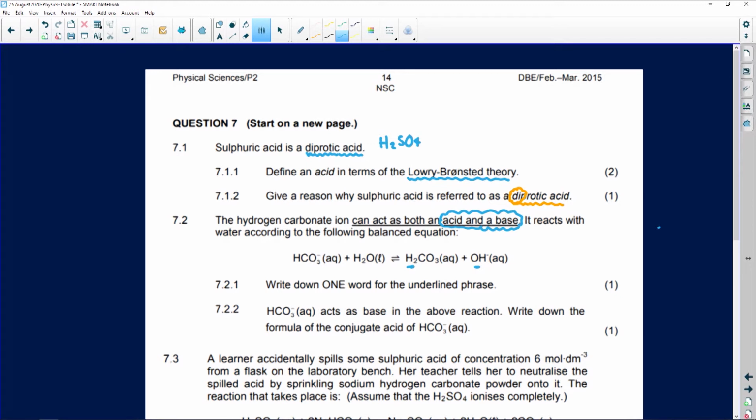Let's look at 7.2.1. We must write down one word for the underlined phrase that can act as an acid and a base. This is how I always tell my kids to remember something like this. Remember when you were young and they always used to tell you frogs can live in the water and they can also live on land. And what do we call it? We call them amphibians.